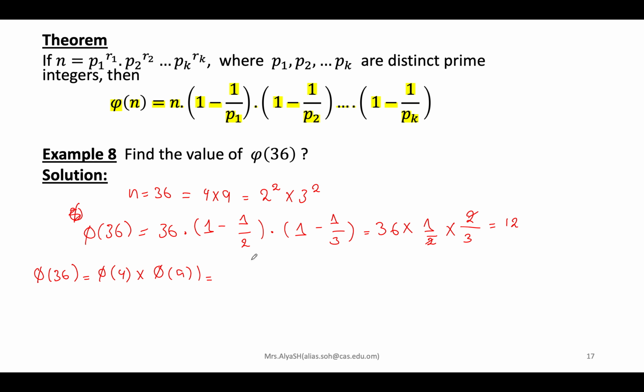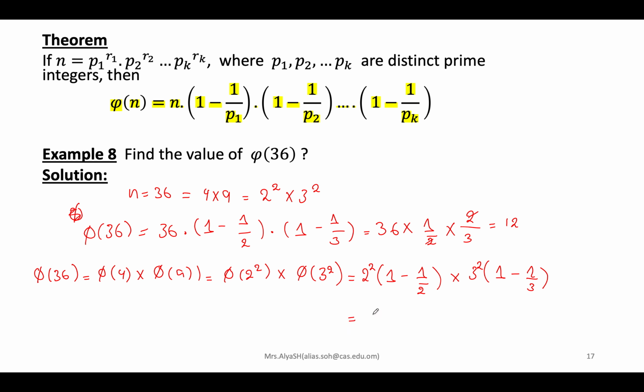Now here we got that 4 is 2 squared, a prime number to a power, multiplied by 9 which is 3 squared. So here we got that phi of 2 squared is equal to 2 squared times (1 minus 1 over 2), multiplied by 3 squared times (1 minus 1 over 3).